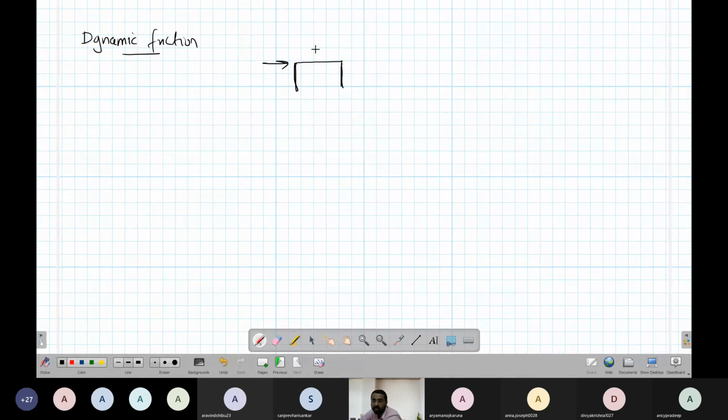But when the body starts to move, there is another friction force, which is called the dynamic friction force. Okay, so generally static friction force is greater than dynamic friction force. So that is another thing.